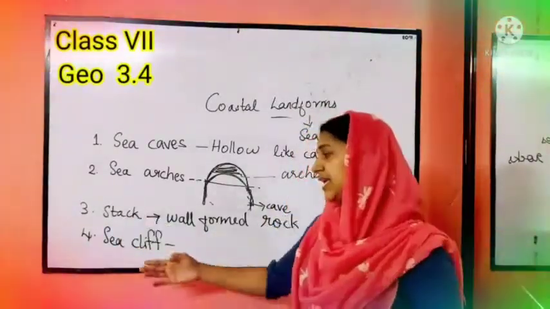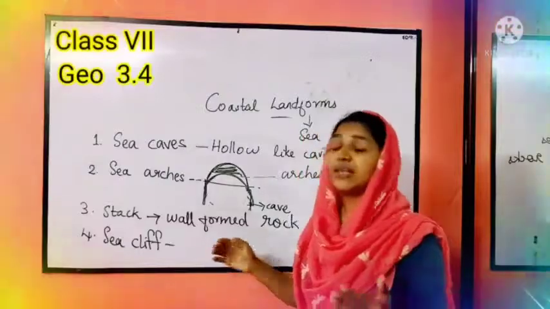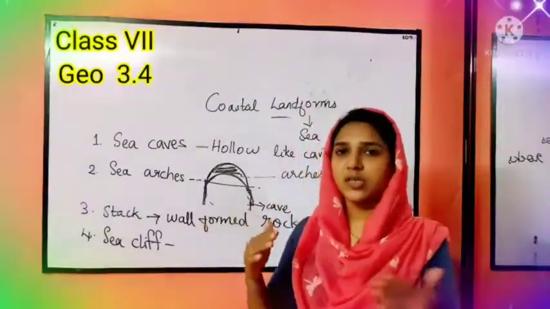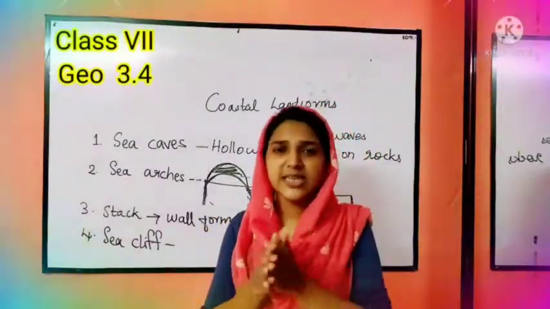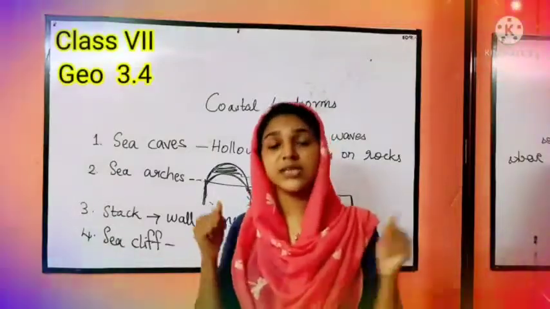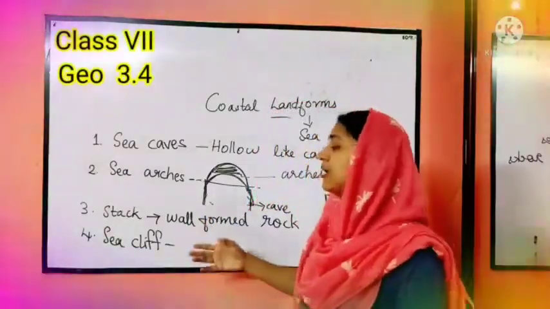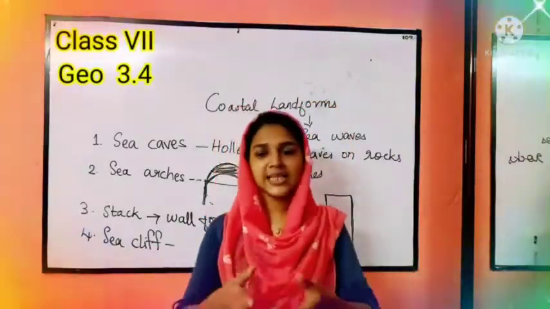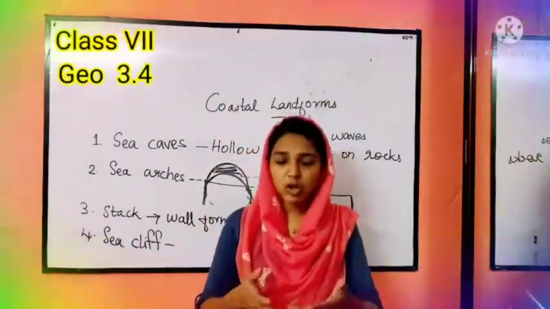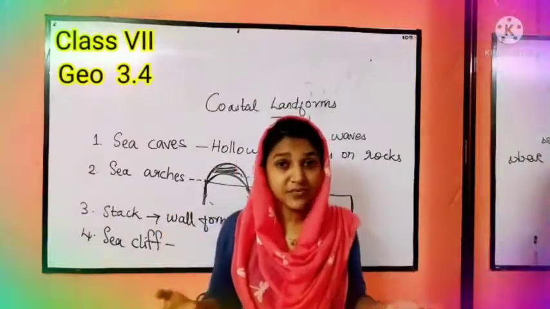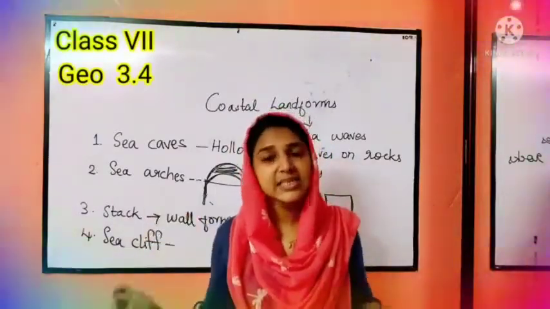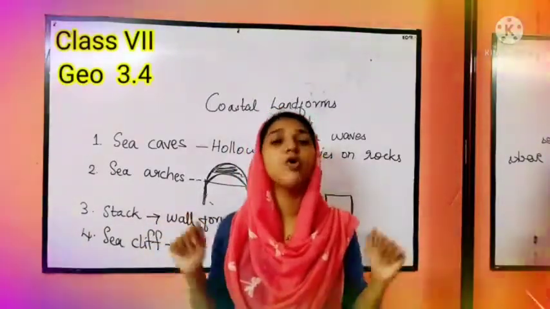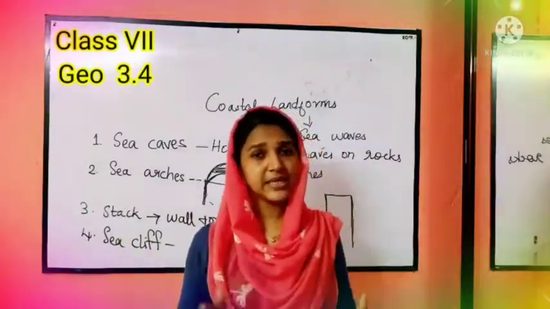Okay, students. Next one is sea cliff. Sea cliff is the rocky coast nearer to or just beside the sea. And the last one is beaches. Beaches are the sand coast. The coast area with the sand, which is very familiar to us, is known as beaches.